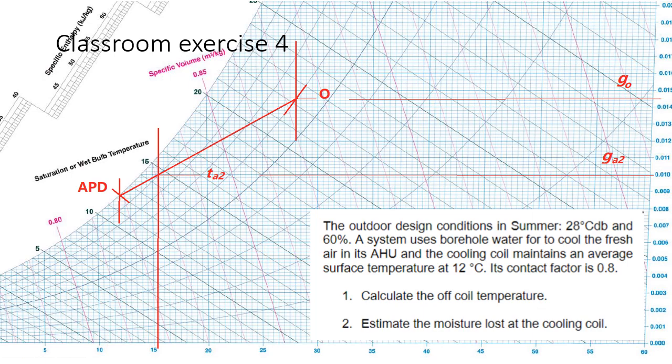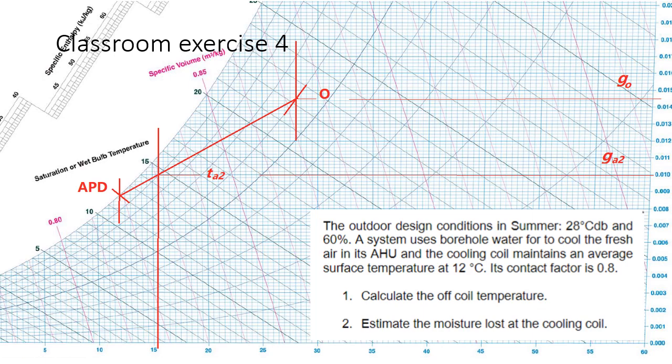So this dot represents the outdoor state, the state of outdoor air. Drawing a horizontal line, we can find the outdoor air moisture content is 0.0144. Okay, so that is the before.